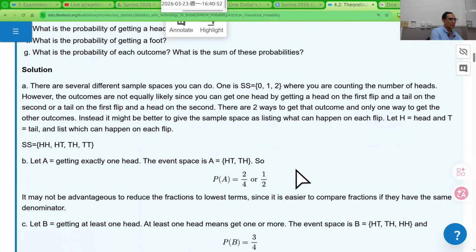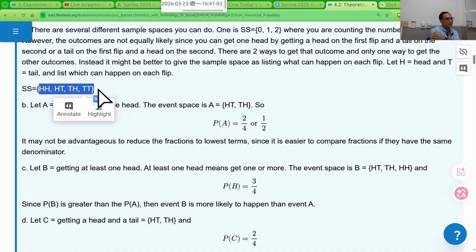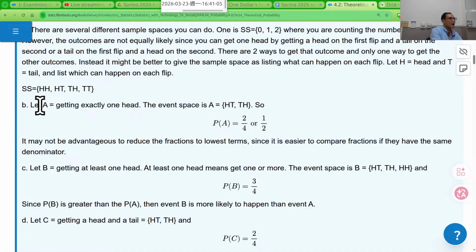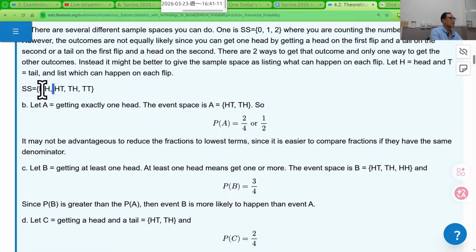The sample space, we can check. Sample space: head-head, head-tail, tail-head, and tail-tail. Thus, for A, the sample space in the denominator has 4 outcomes.